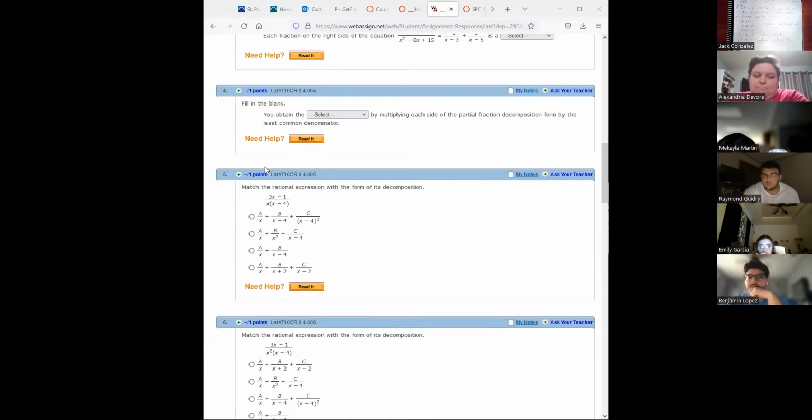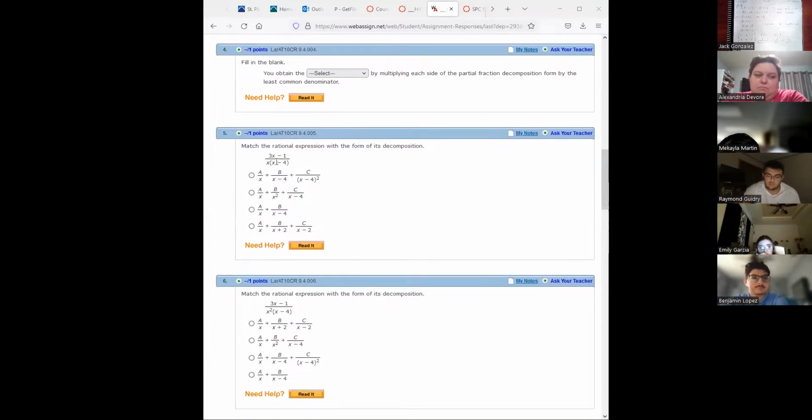And then it starts testing you on the setup. It says you have two distinct factors. How would you set this up? You would set this equal to, what do you guys think? A, B, C, or D? They are distinct linear factors.